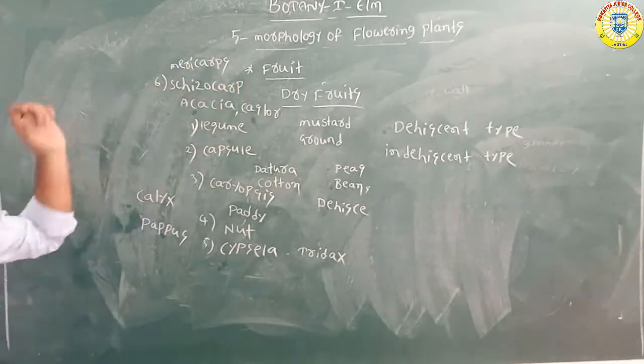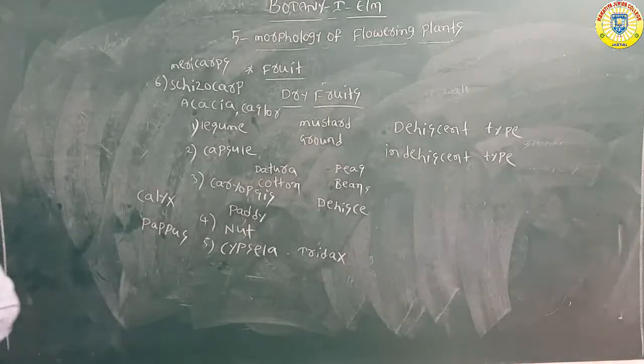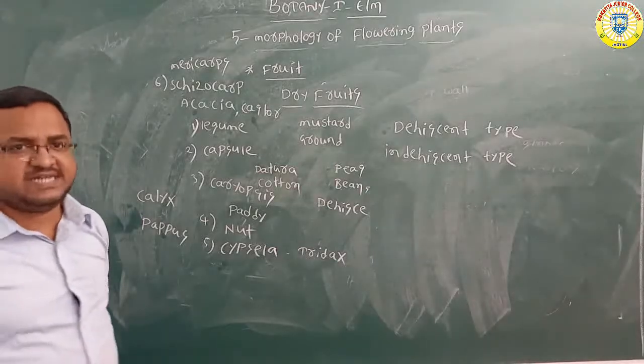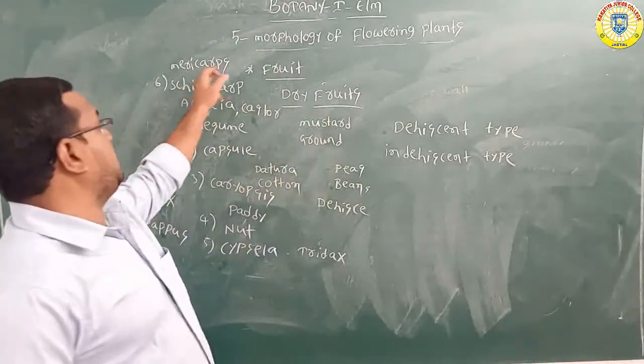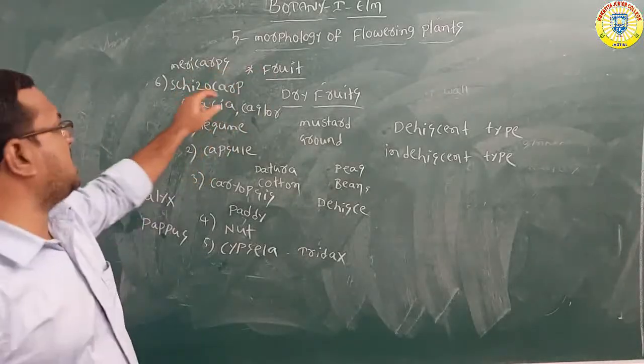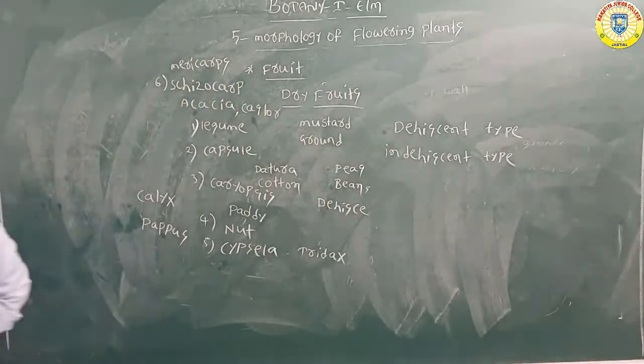So this type of fruit is called Schizocarp, which is the sixth one.